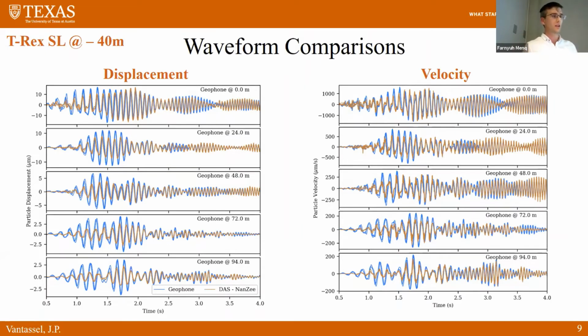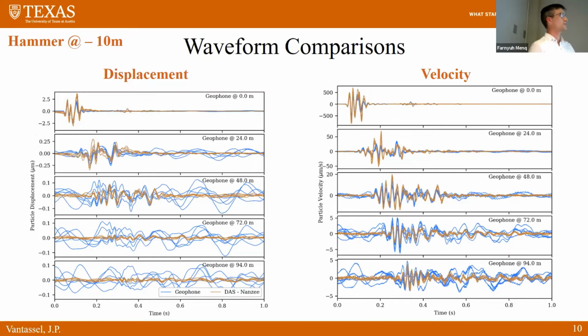The cycles are lining up. We're seeing similar things between the displacement, the velocity, and between the geophone and the DAS. But we're having a little bit of differences in terms of amplitude. Part of this is a gauge length effect, and part of this is, of course, coupling and other factors that need to be further investigated. But the good thing is for MASW, really what we care about is the phase of these.